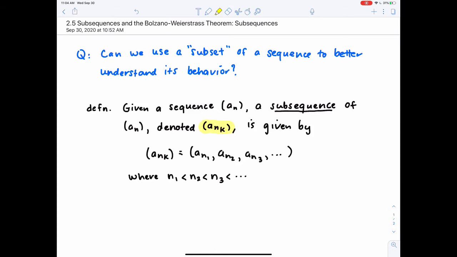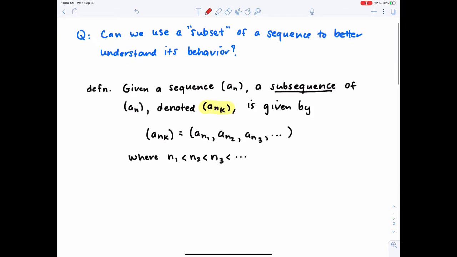So we're creating a subset of values. We're going down our sequence and saying, okay, I'm going to put a_2 in my subsequence, and then I'm going to put a_10 in my subsequence. So not all values of your sequence are going to make it into the subsequence.